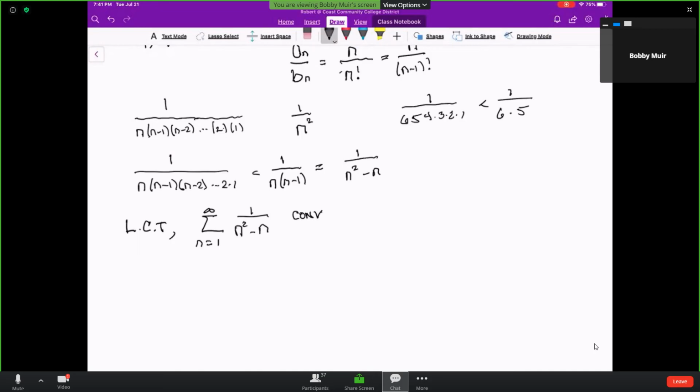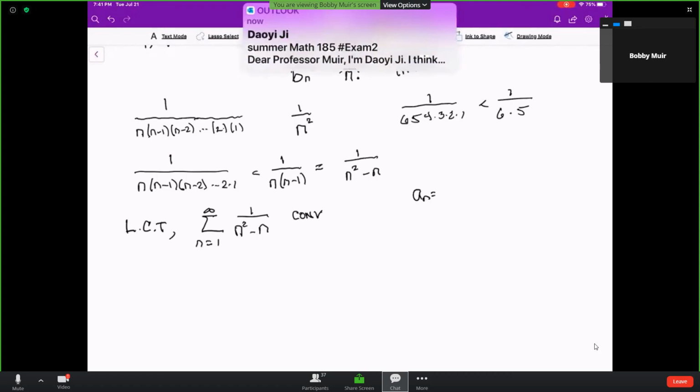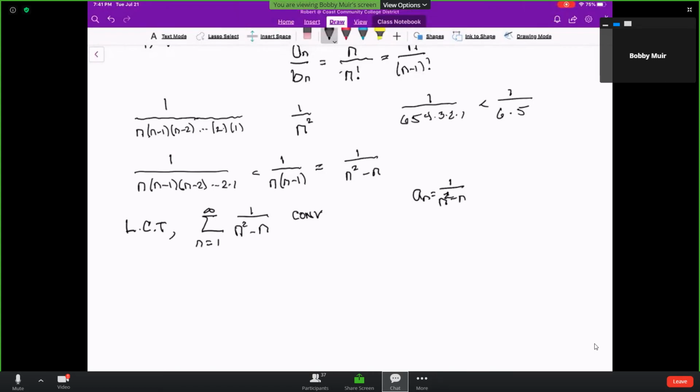We would call an this 1 over n squared minus n, and the bn is going to be 1 over n squared. An over bn is going to be n squared over n squared minus n. Here's your guys' 17th chance. What happens as n tends to infinity of this? 1. There you go. We finally got it.